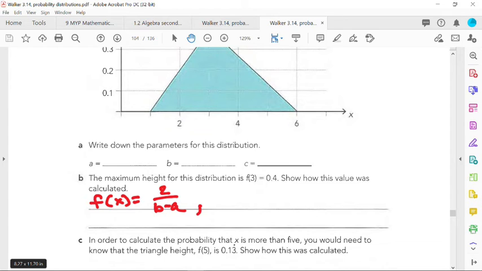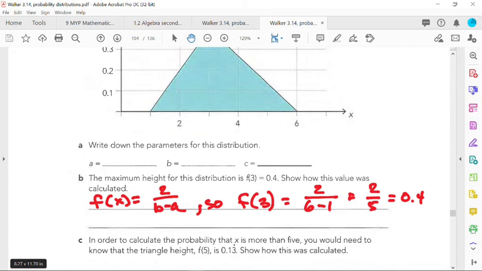So f of 3, because 3 is the height I'm looking for, is equal to 2 over 6 minus 1, which is 2 over 5, which simplifies to 0.4. Y'all have the calculators, I don't. Somebody want to confirm that 2 over 5 is 0.4?